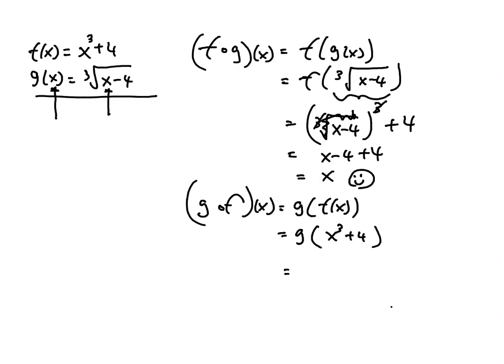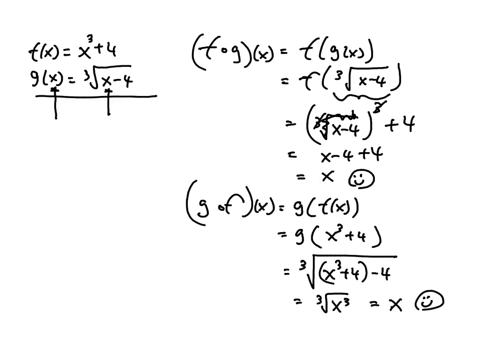So now I have x cubed plus 4. So it goes into cube root of x cubed plus 4 minus 4. This turned out pretty well. This is cube root of x cubed, which is x. And once you have this shown, you have proven that f and g are inverses of each other. Okay?